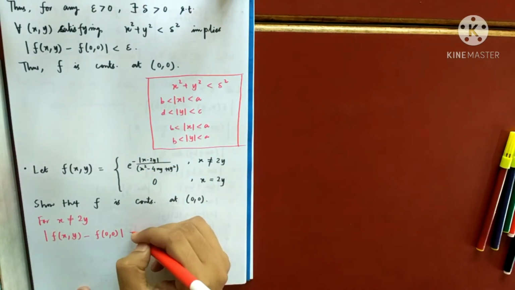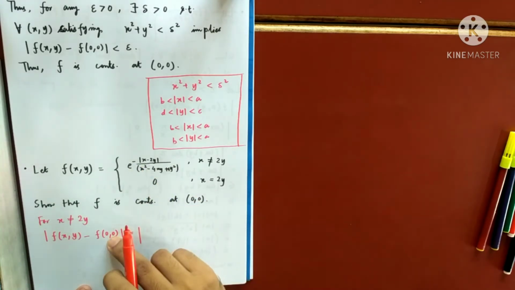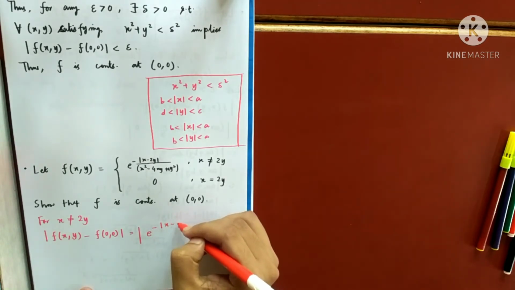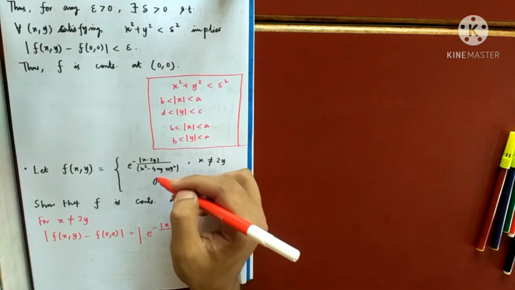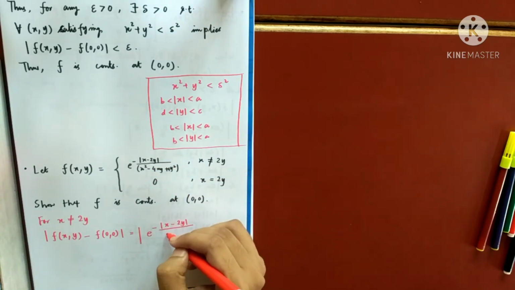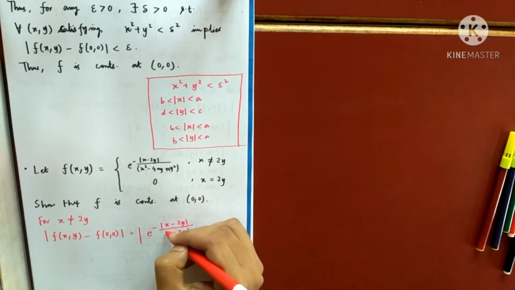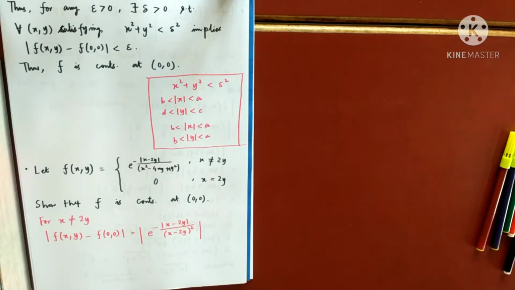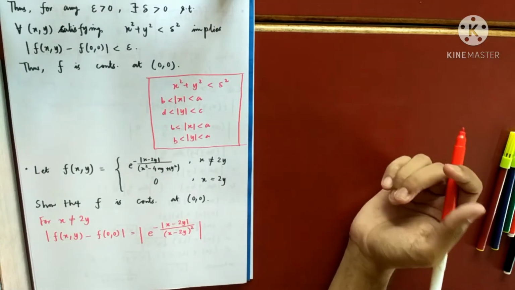But this is nothing but the modulus of this, no? Because f(0,0) is 0. So the modulus of e to the power minus mod (x minus 2y), and in the denominator, you just carefully see, what is the denominator? It is (x minus 2y) whole square. You just put this in the formula for a minus b whole square.